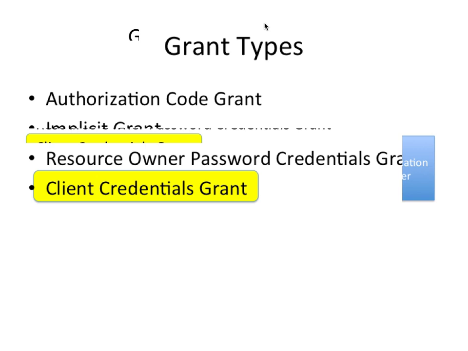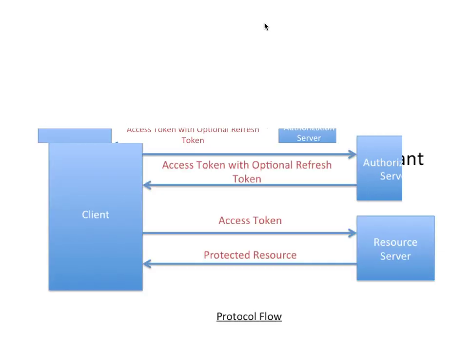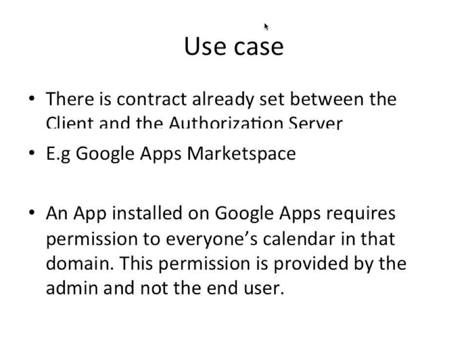There is no need for the authorization grant. That's what this thing is all about. Okay. So the flow looks simply like this. Client credentials are given. You get the access token and an optional refresh token. So this is for a much bigger flow. That's what I was talking about.